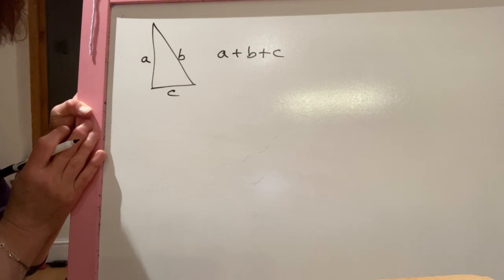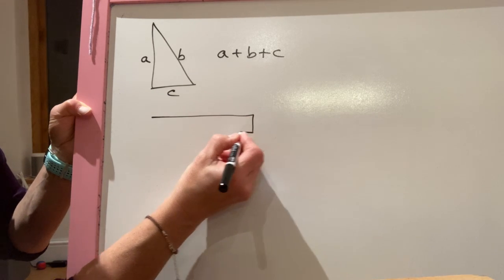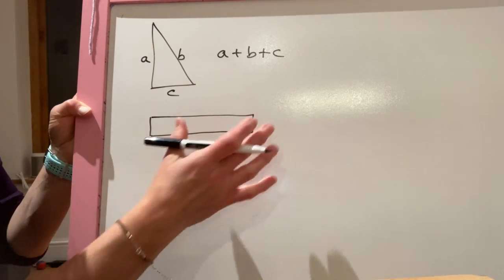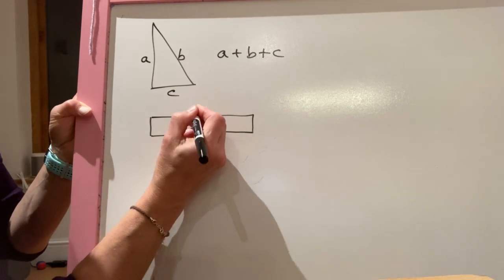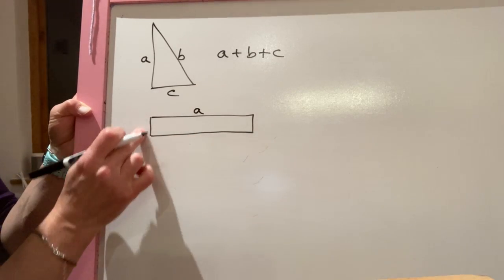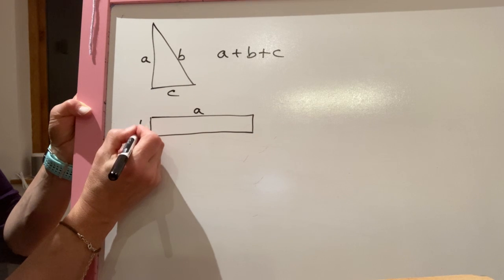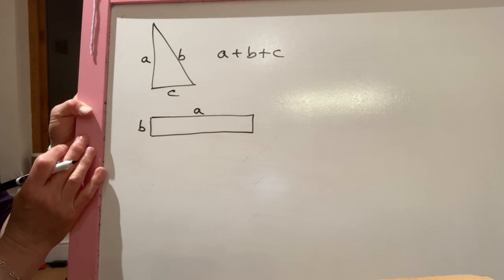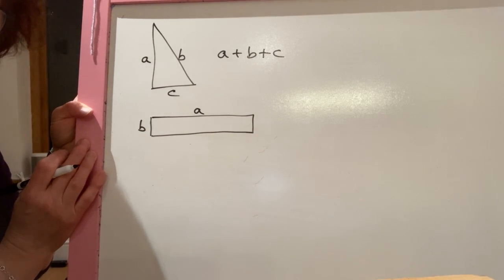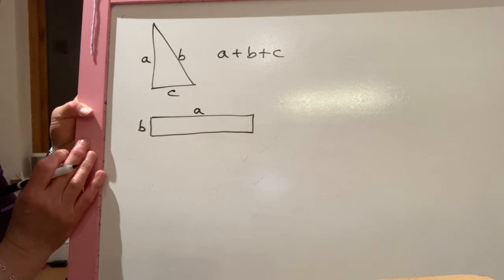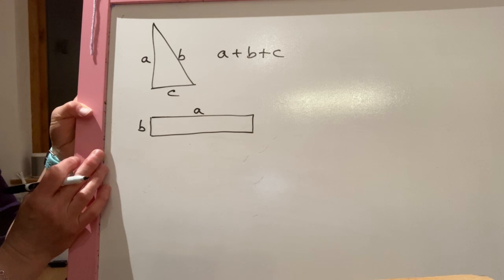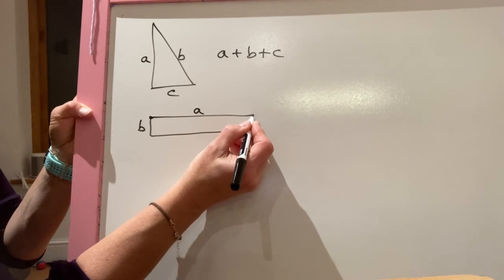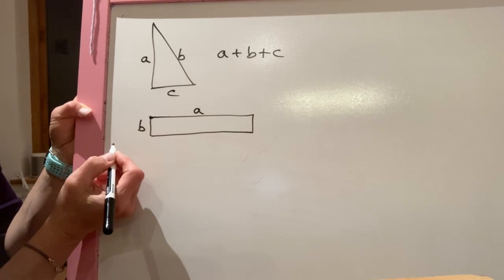Did you get that? What about a rectangle? Obviously perfectly drawn. It has 2 sides the same length, so I just label one of them. Let's call that one A. These 2 that are parallel are also the same length, so I just label one B. How would you write the perimeter of the whole rectangle as an algebraic expression? We'd start here, along here, here, and here.